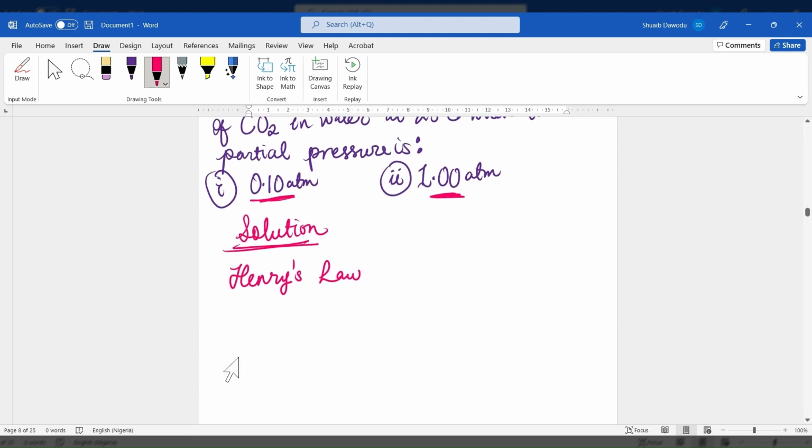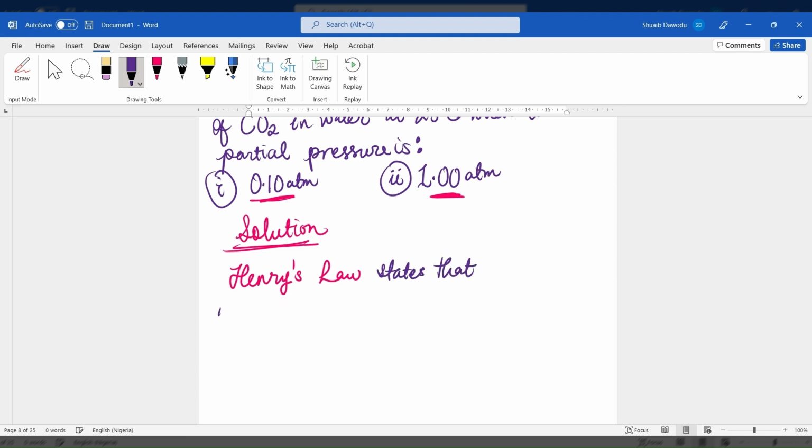Now, I've got three ways of describing Henry's law, and I'm going to explain all three for you. The goal is for you to know the different ways the law can be applied, as well as to have different wording in explaining it so that it's easy for everyone to digest.